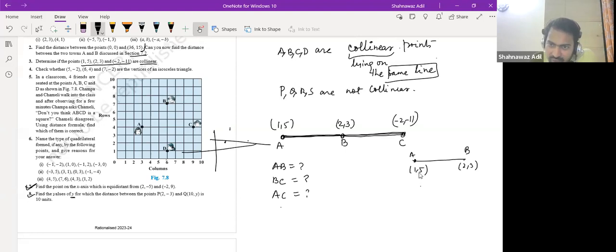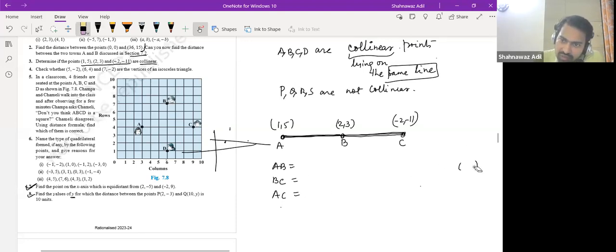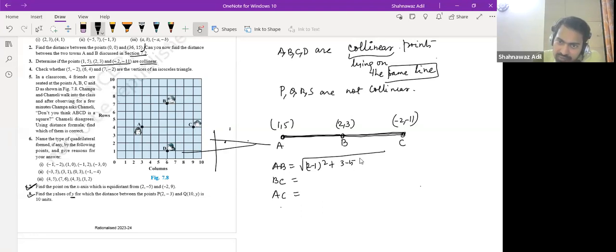So x1 is 1 and y1 is 5, x2 is 2 and y2 is 3. So AB would be the root of (2 minus 1) squared plus (3 minus 5) squared. So this is 1 squared plus (minus 2) squared, so this is 1 plus 4, which is root 5.